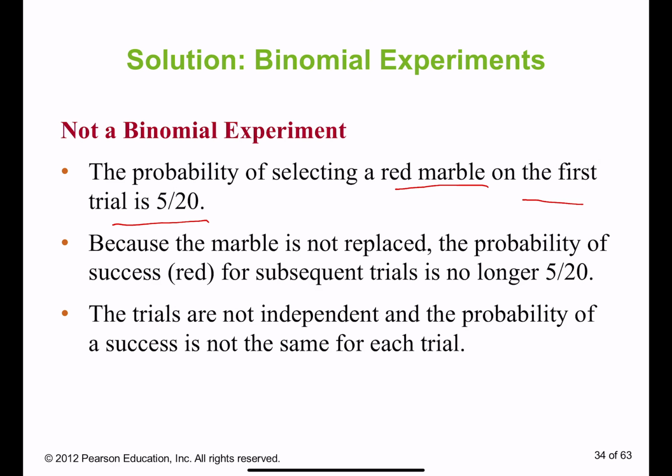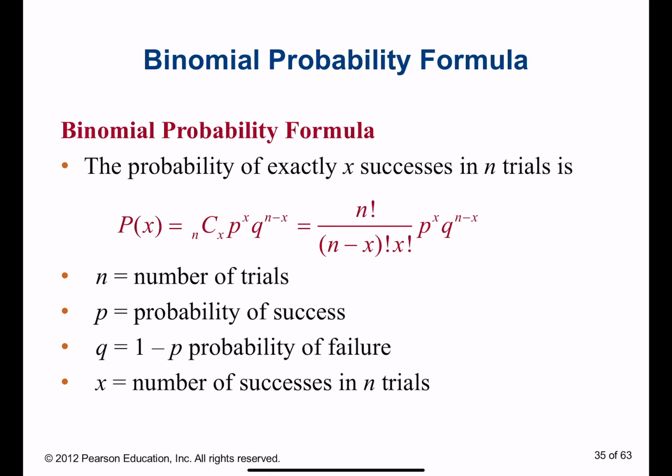Because the marble is not replaced, the probability of success for the subsequent trial is no longer 5 over 20, because it's going to be less, right? You took away one red marble, so there will be 19 total left, correct? The trials are not independent, exactly, because from 20 we now get a total of 19. And therefore, this is not a binomial distribution.